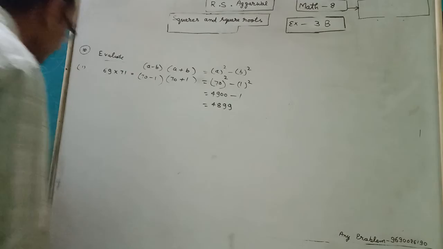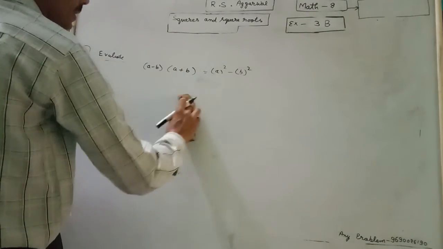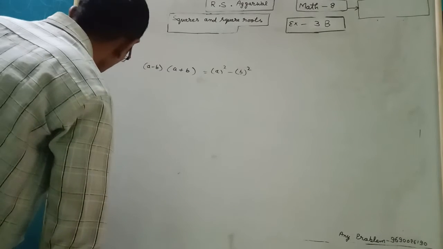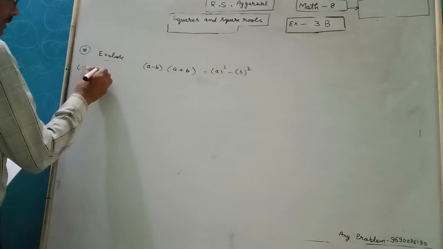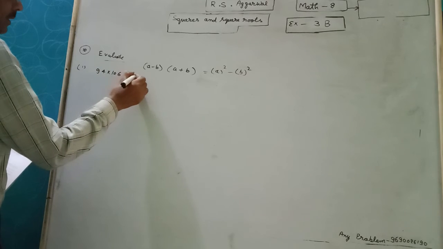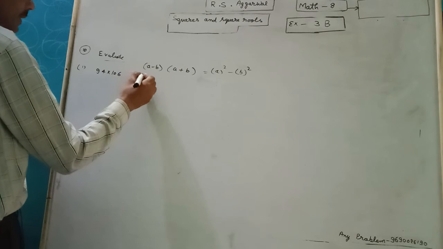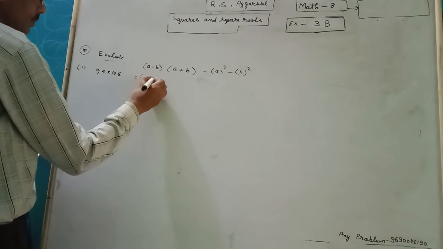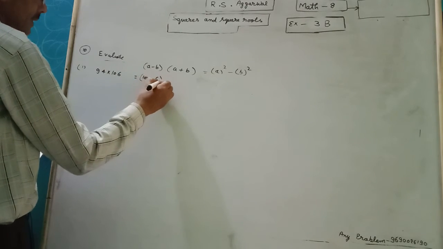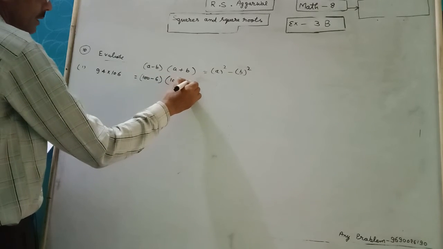Second part, given the question 94 and 106. Write 94 as 100 minus 6 and 106 as 100 plus 6.